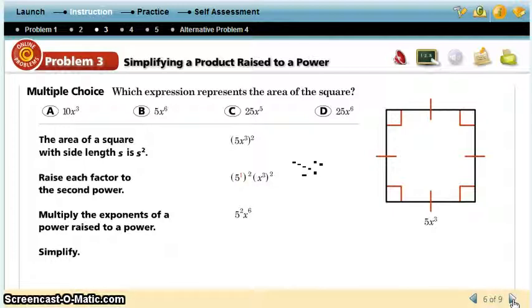Simplify the expression. All right, so 25 times x to the sixth power is your simplified expression for the area of that square. The correct answer is D.